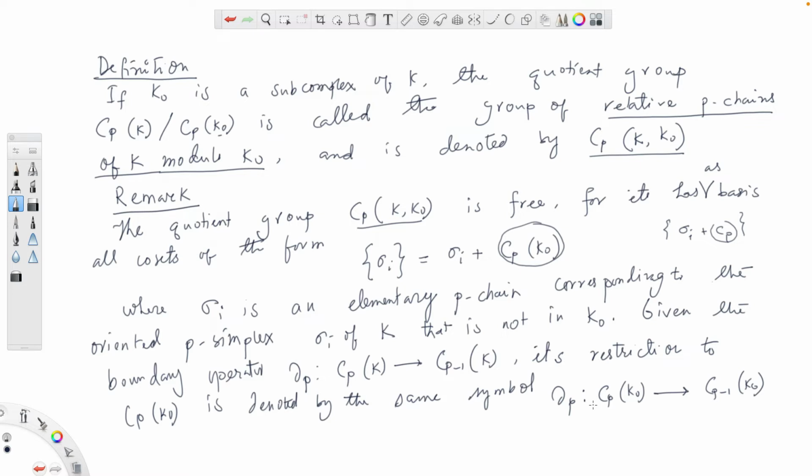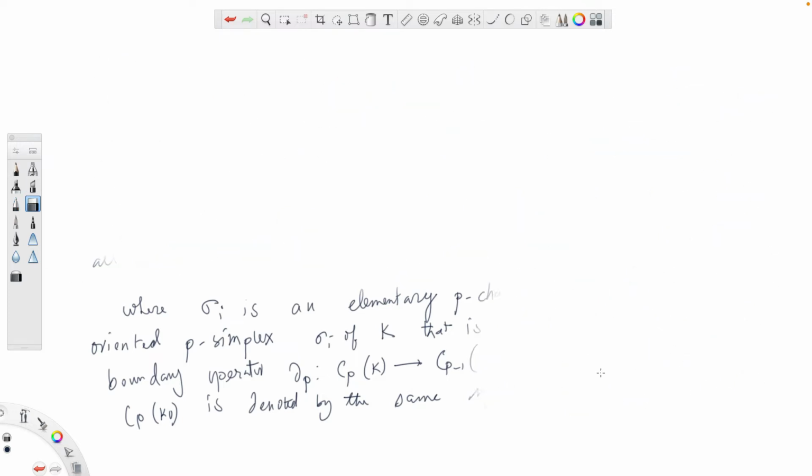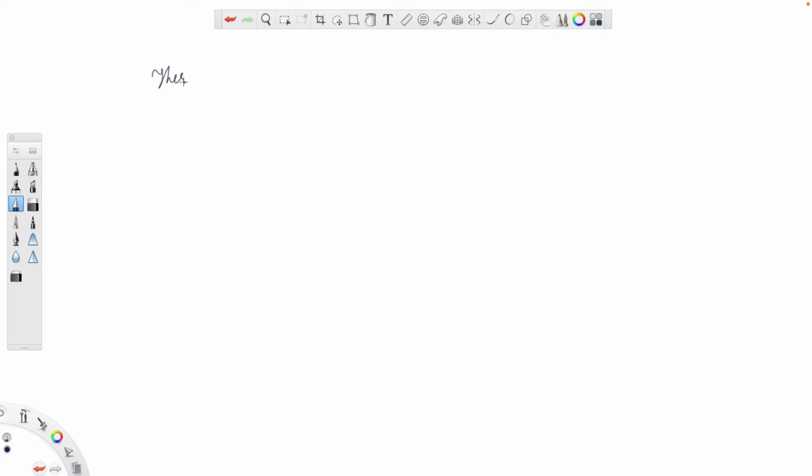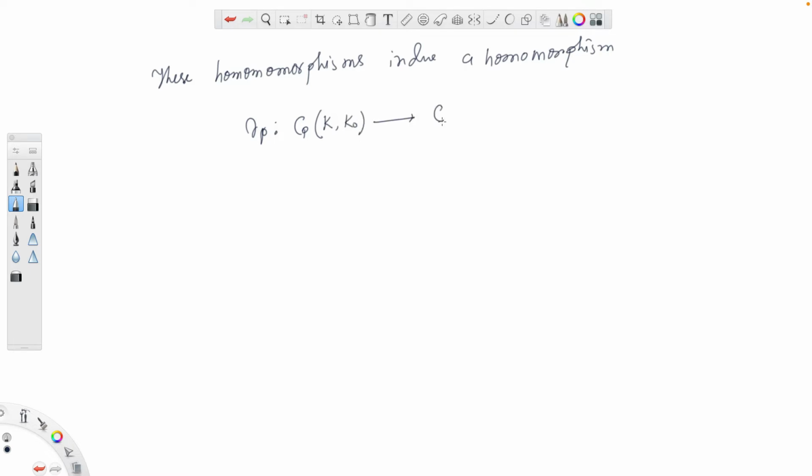These two homomorphisms induce a homomorphism between the relative chain groups, which we are going to denote by the same symbol del P. Homomorphism del P from the group of relative p chains on K modulo K0 to the group of relative p minus 1 chains on K modulo K0.